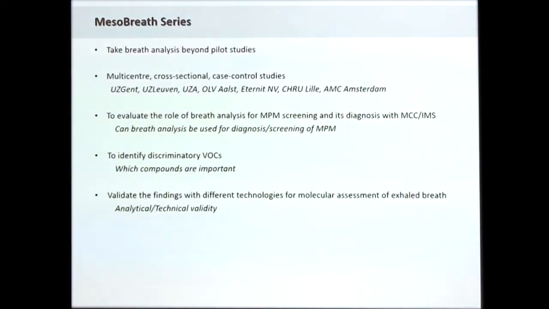Can we discriminate our mesothelioma patients from risk patients with this technique, since it hasn't been done before? The second objective was to identify maybe the compounds that were present in breath. And also, if we use the other technologies, for instance GCMS or eNose, do we obtain the same results as has been seen before? And could it validate our IMS technique?